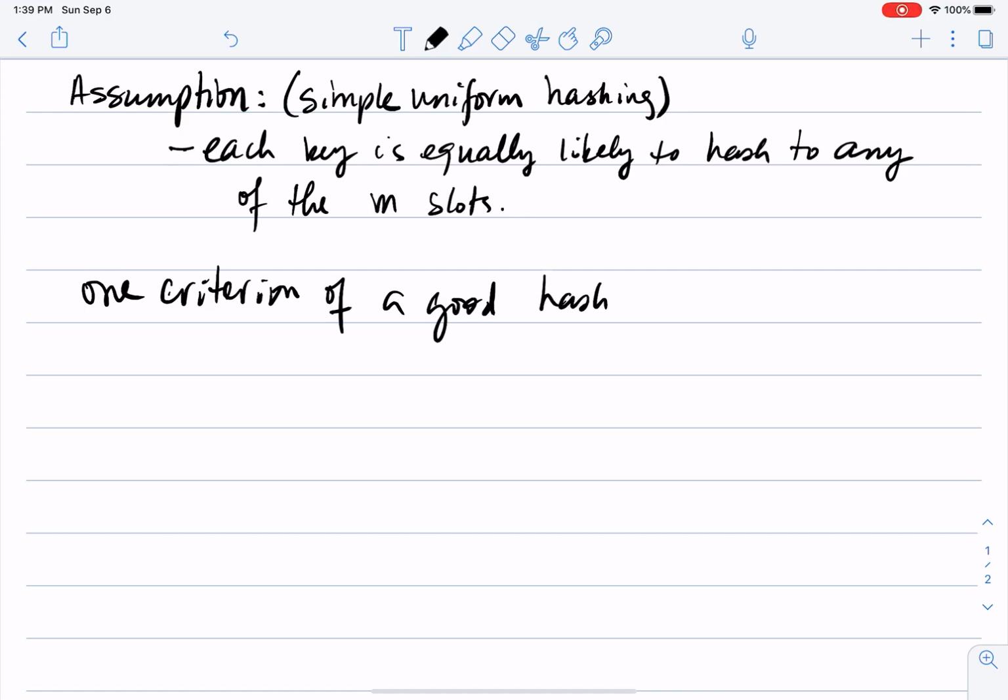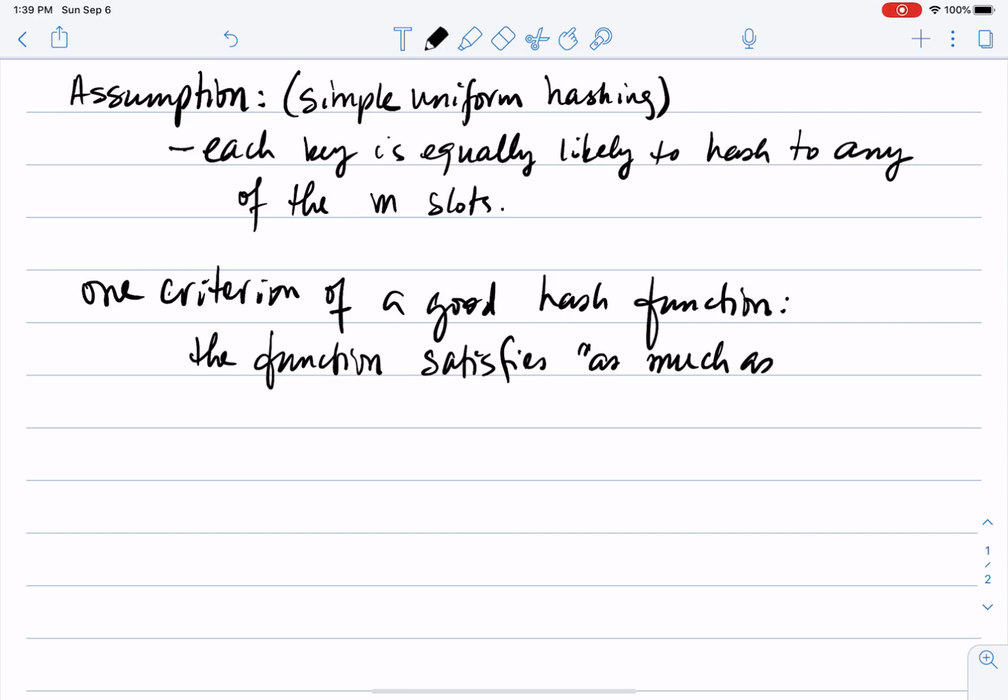So one criterion, not the criterion, but one criterion of a good hash function is that the function satisfies as much as possible the simple uniform hashing assumption.